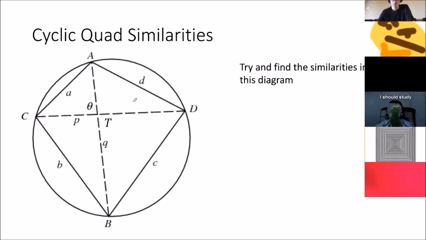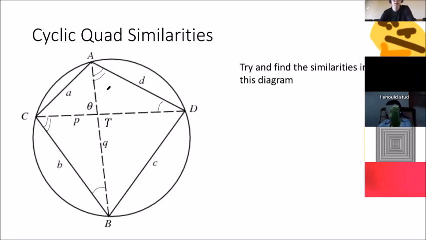So from Luke's angle chasing class, you guys should know that this angle and this angle are the same because they both face this minor arc AC. And the same thing is true here. This angle is equal to this angle because both those angles face this arc DB over here.